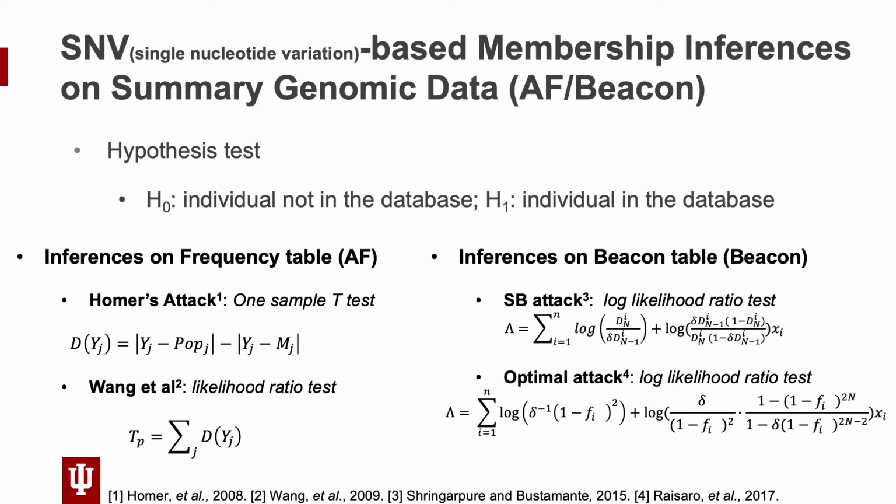For membership inference on frequency tables, both Homer's attack and the paper by Wang et al. investigate the difference between the distance of the individual to the target population and to the reference population. For membership inference on the Beacon table, both the SB attack and the optimal attack compute the probability difference under the null hypothesis and the alternative hypothesis.